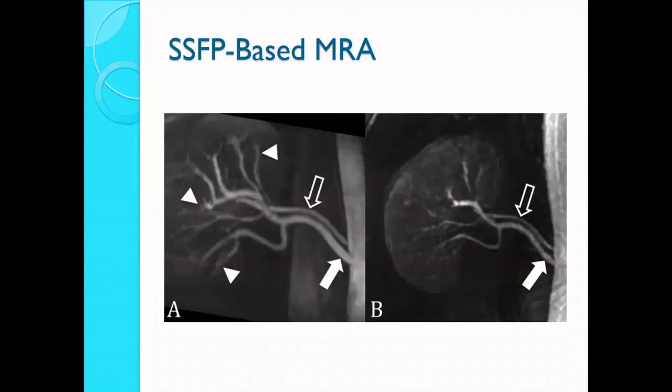Okay, SSFP based MRA. We are not using it only for cardiac imaging, but we can also use it for other areas. This one is renal angiography. In the renal angiography, you can see that this first image is the early image, and the later one is the subtracted image.